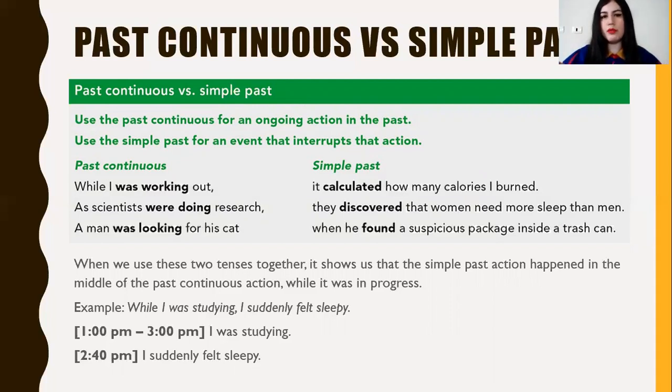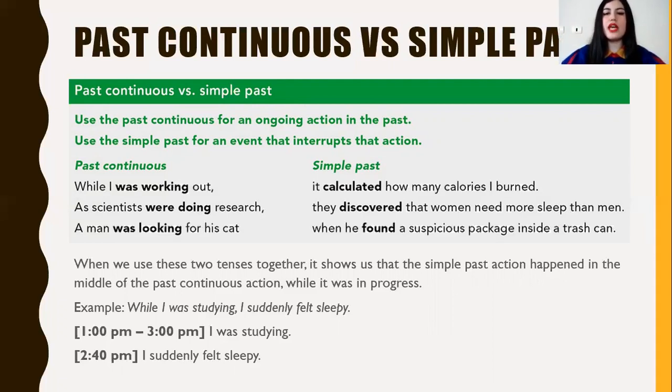So the one that happened first is going to be the action that is in past continuous, and then the action in simple past. Okay, so for example, while I was working out, it calculated how many calories I burned. So first I was working out, and then it calculated how many calories I burned. So it happened in the middle of this action, not before that or at the beginning of it. So it happened in the middle or even at the end of it.